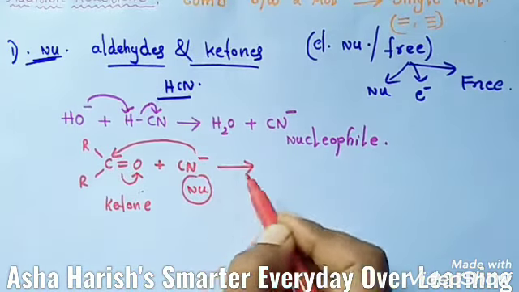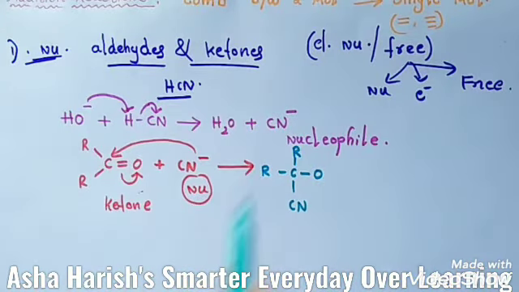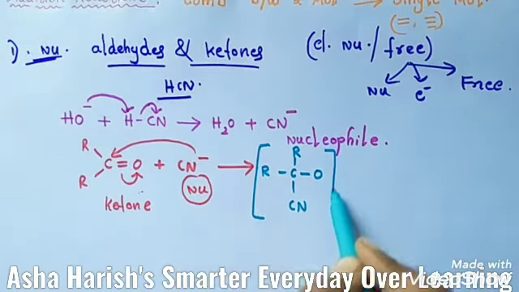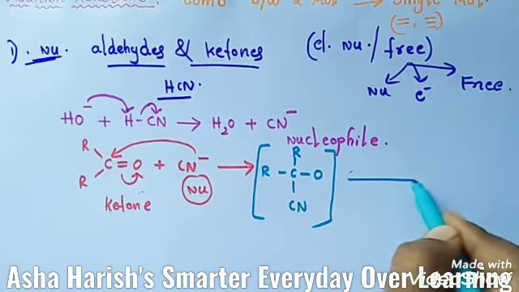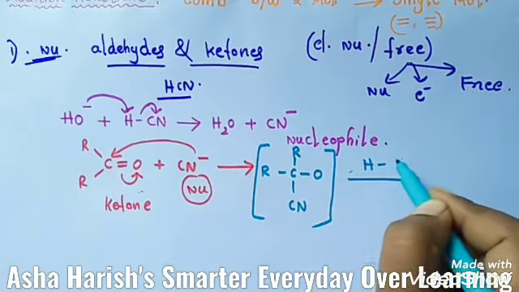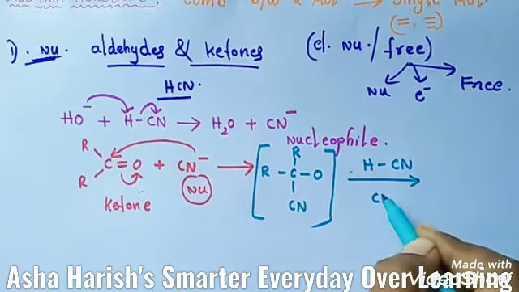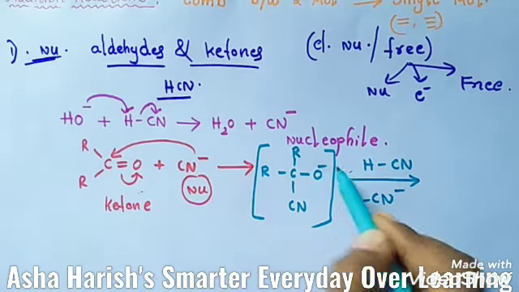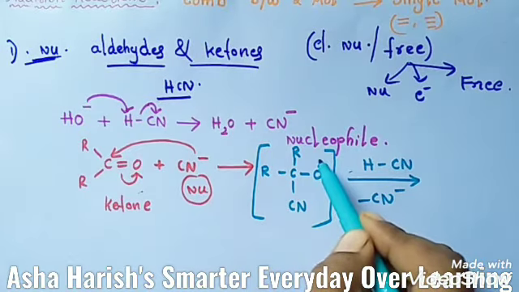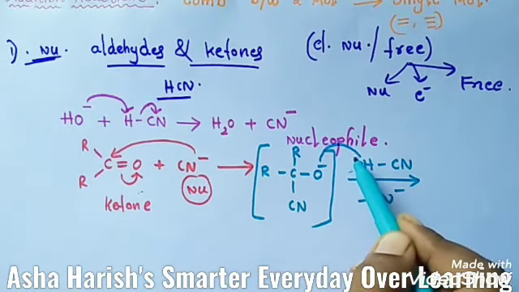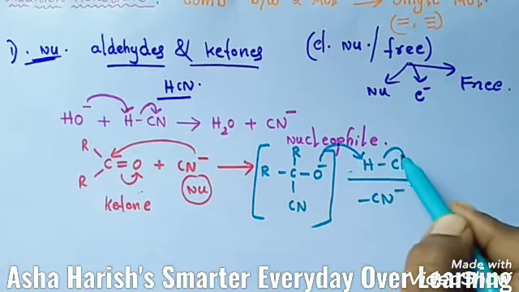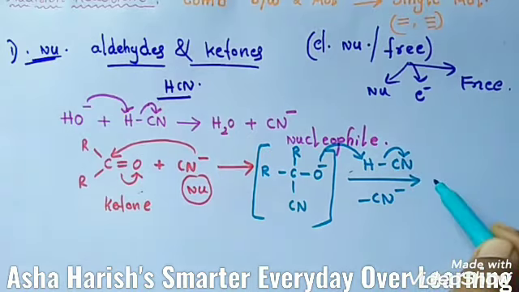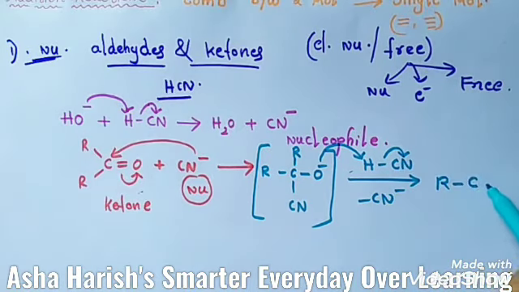Then the formed product is product 1, with CN minus. Now from this negative ion, the electrophile attacks the hydrogen, the electrons shift like this, and the formed compound is R2C(OH)CN.